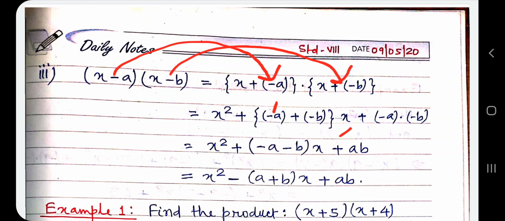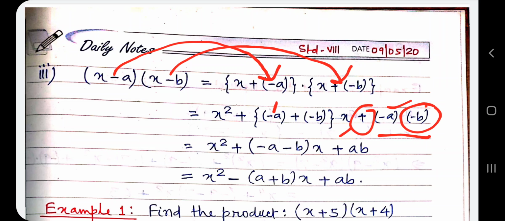Always we write x outside the bracket, and plus the third term, it is very important here, we always put a plus sign, and we write the terms with their original sign. Here a is with minus sign and b is also with minus sign.